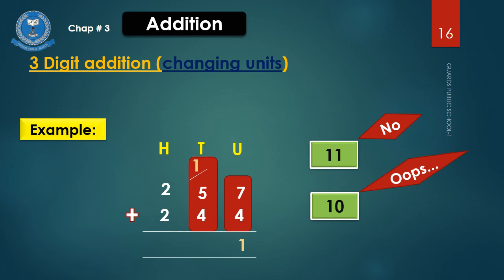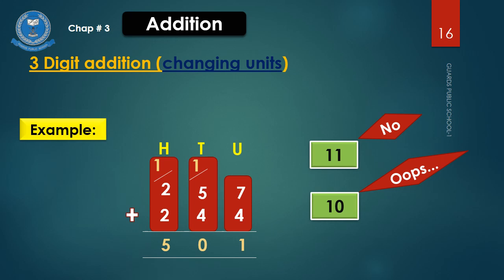We will write 0 in the tens column and carry 1 forward to the hundreds column. Now add the numbers of hundreds, 1 plus 2 plus 2. The answer we get is 5.